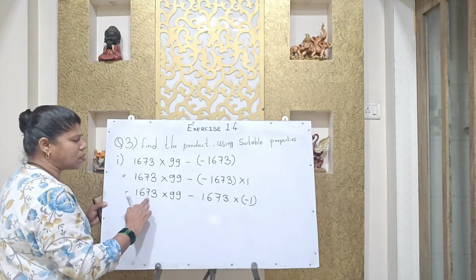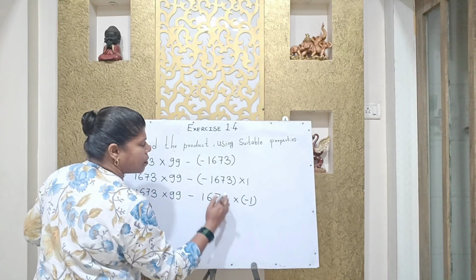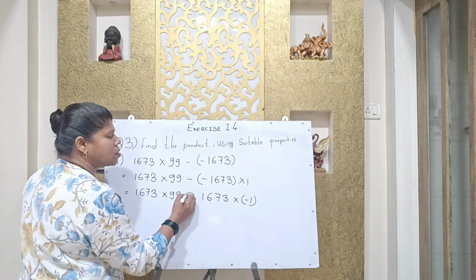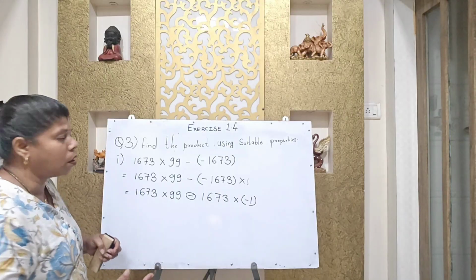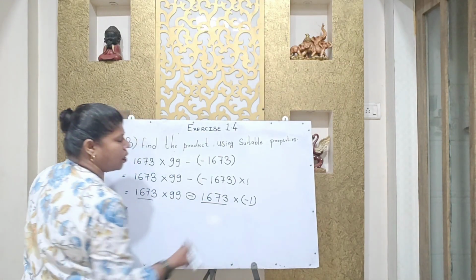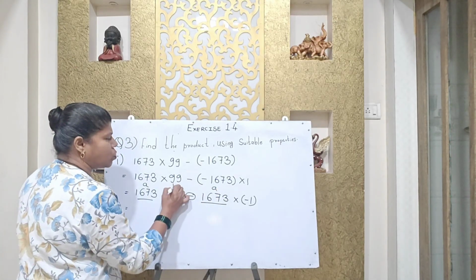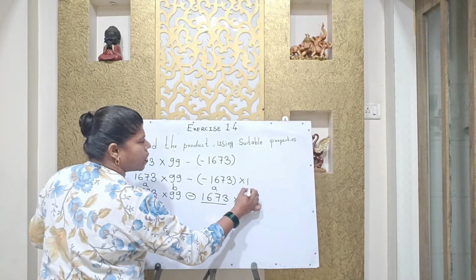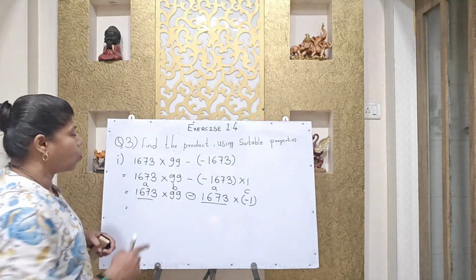Now here 1673 positive, here also 1673 is positive. This is a function, this is separating these two parts, okay? So this and these are equal. So I just wrote A above them. This is a different number, so I wrote B, and this is a different number, I wrote C. This will help you to find out the property, okay?